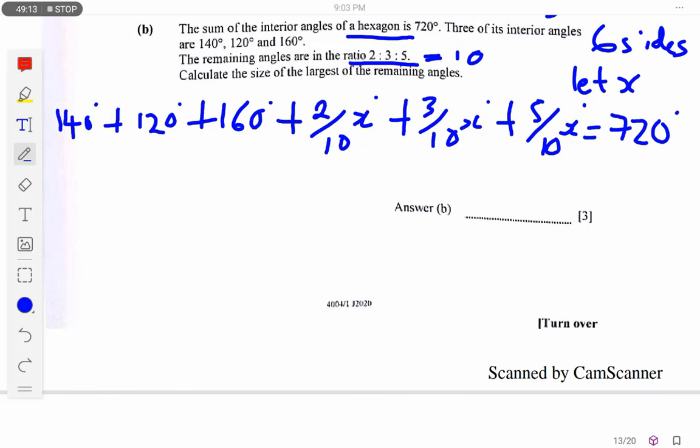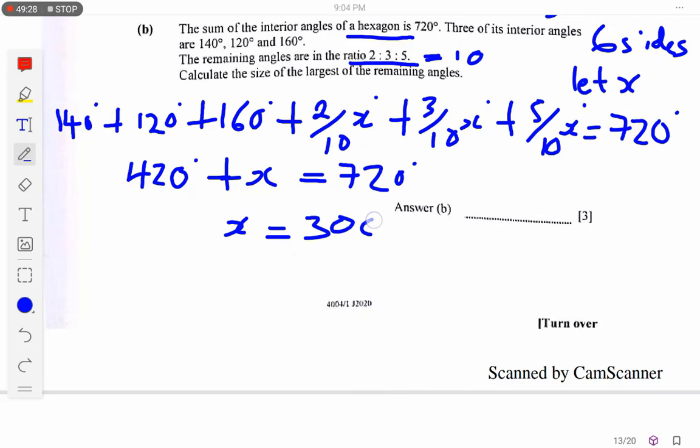Okay. Now solving this, here I'll get 420 degrees plus an x here. This is going to be equal to 720 degrees. So my x is equal to 300. Okay.